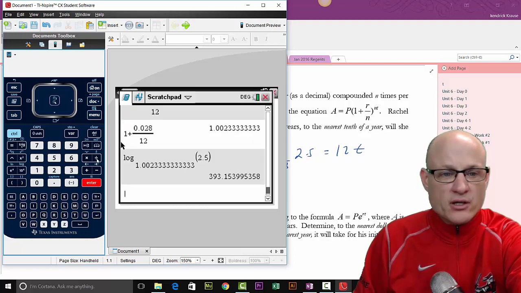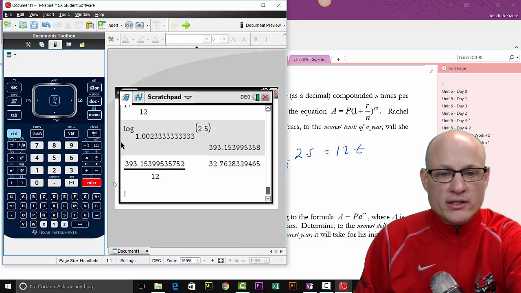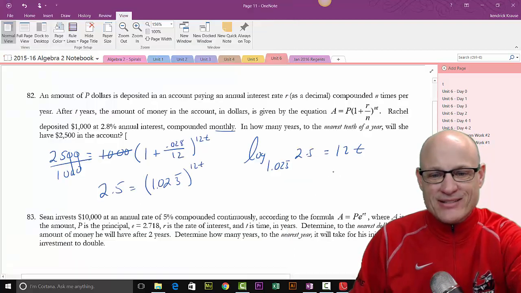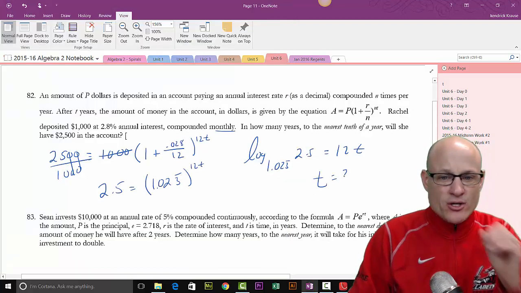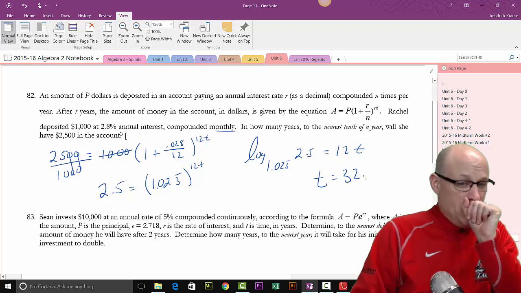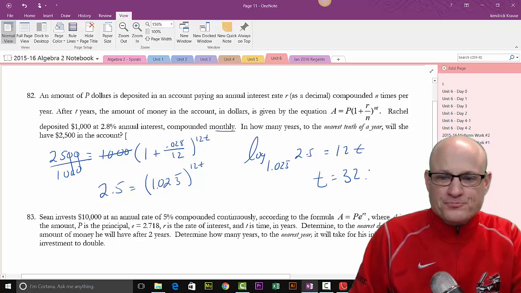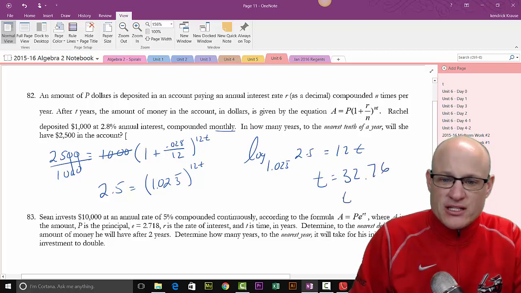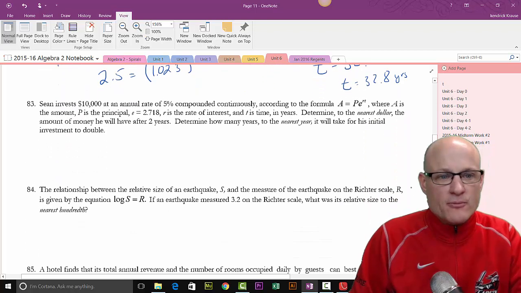And we're going to divide that by 12, and we get 32.76. So t equals 32.8 years. Takes a long time for money to double.